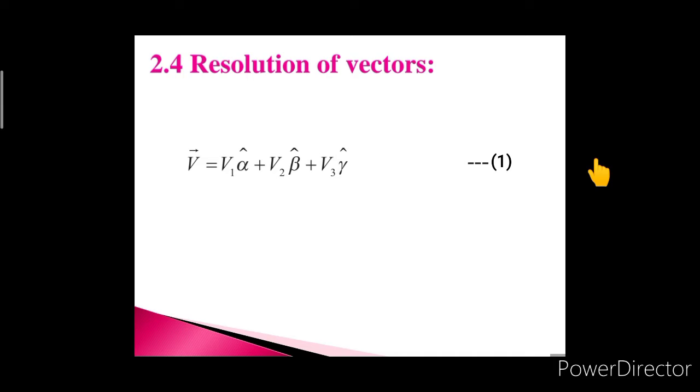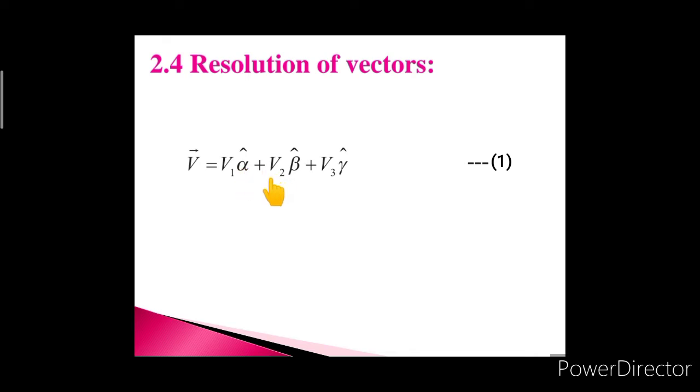Here, vector v is split along the given directions into its components. One component is v1, directed along alpha cap.